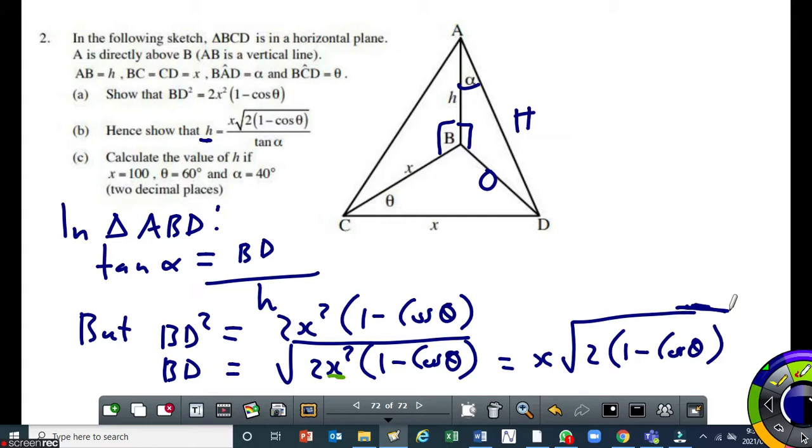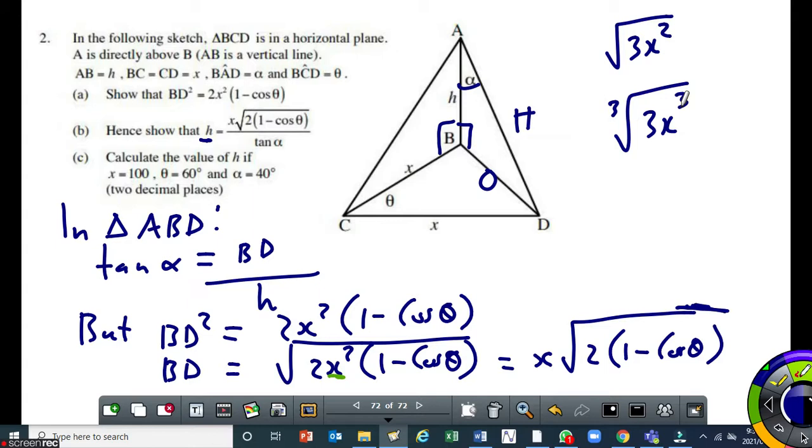By now you should know that if I give you something like the square root of 3x squared, you can simplify it. If it was a cube root, then it would be different, but if you have something like this, you can take the x outside. So the x is multiplying the square root of 2 times 1 minus cos theta.